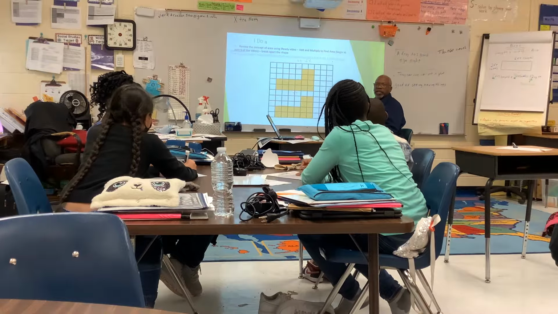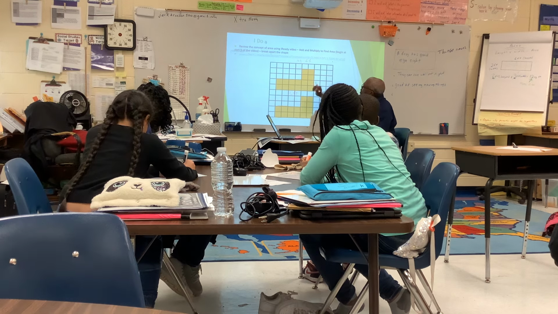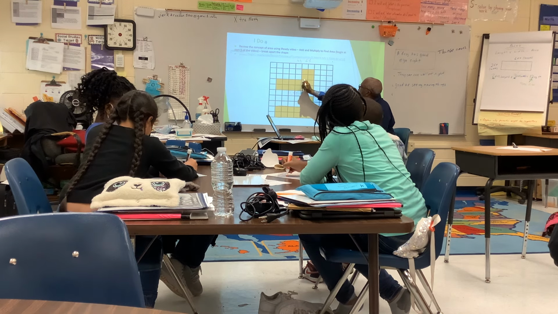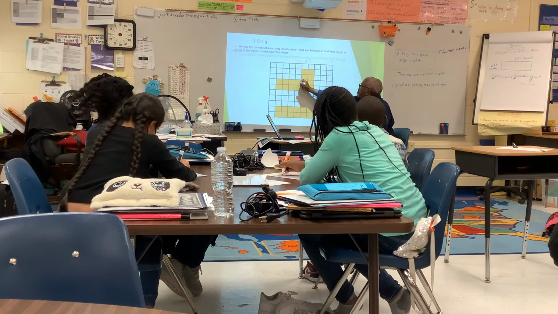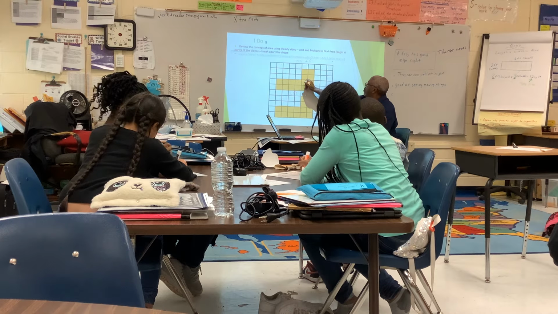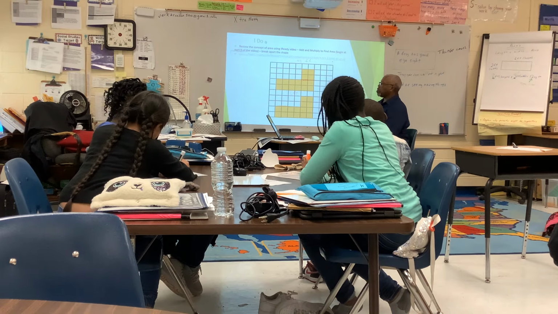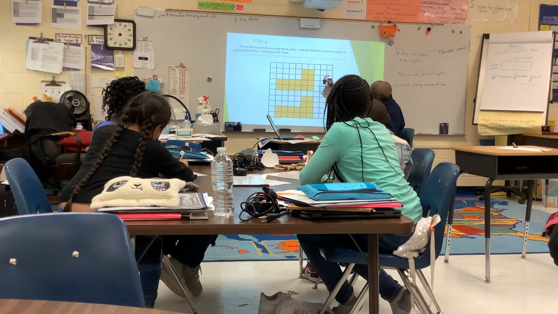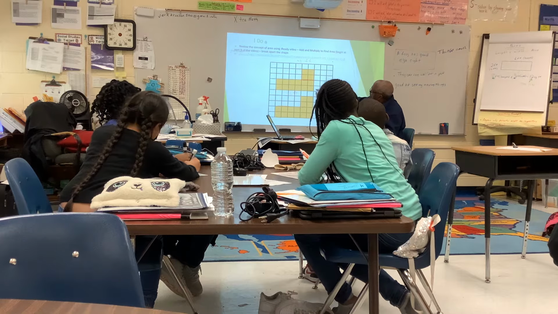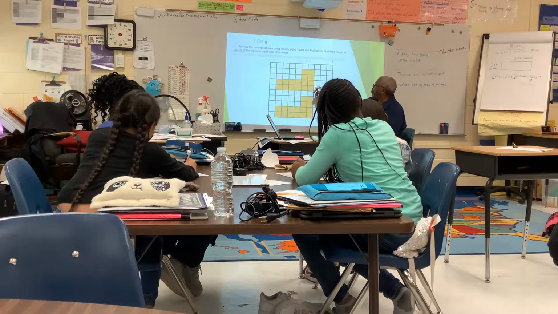What I can do is I can segment or separate. So I can separate this way, and that way I have 2 rectangular or square figures. So I can go from here to that line where I segmented or separated, and that's 1, 2.